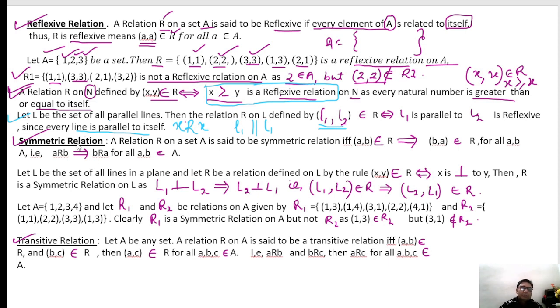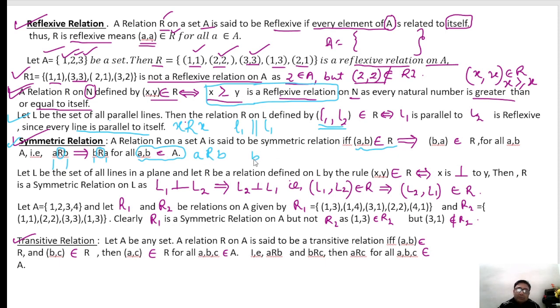Next, come to symmetric relation. See, in symmetric relation what do we have to do? We have to choose 1 coordinate a, b from the set. Watch here, in symmetric we write the 2 numbers on 2 sides and apply the condition, whatever the condition is. Now interchange the numbers and apply the same condition. If it is still obeying, it means it is a symmetric relation. You will choose 2 elements from the set A. Write the 2 elements with the condition R in the middle.